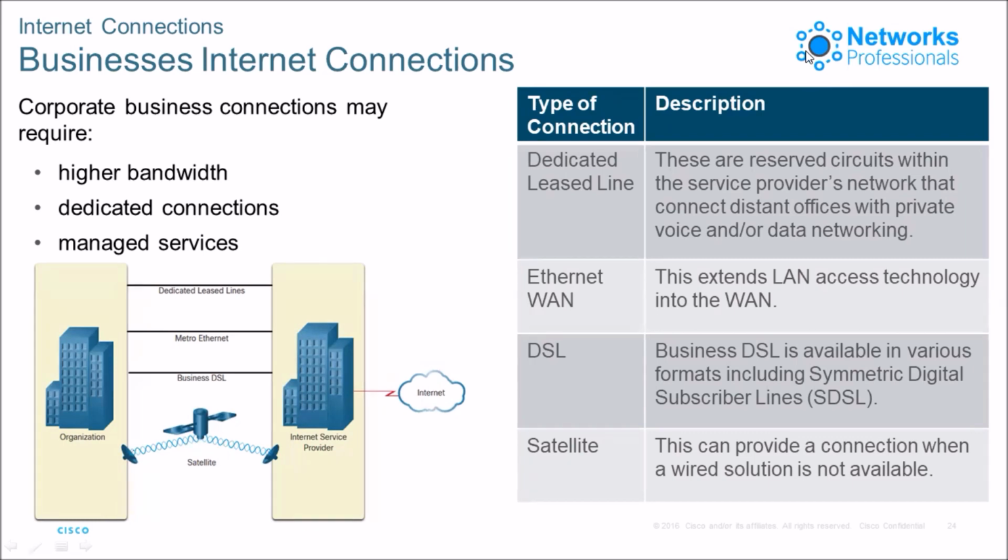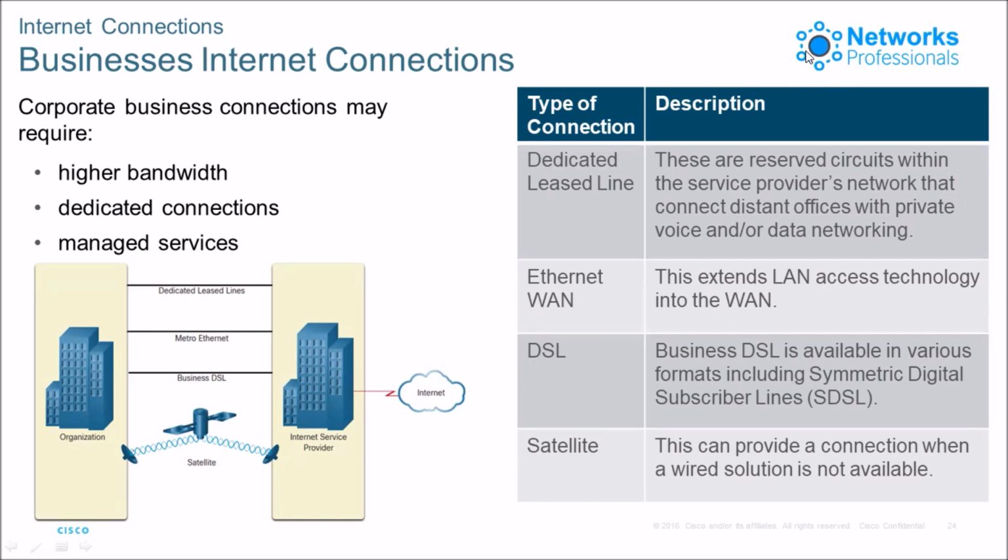In this module, we will refer to it as Metro Ethernet. Metro Ethernet extends local area network or LAN access technologies into the WAN. Ethernet is a LAN technology, and you will learn in detail about this technology in our later modules.